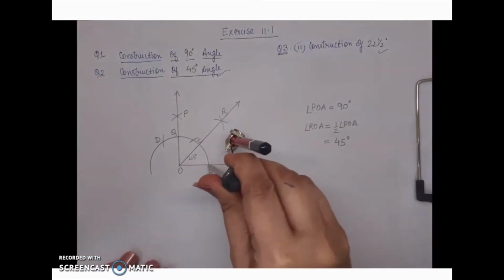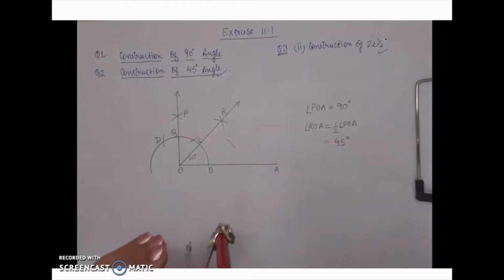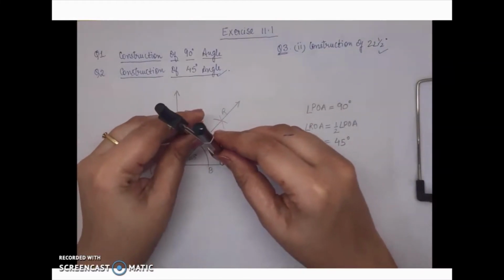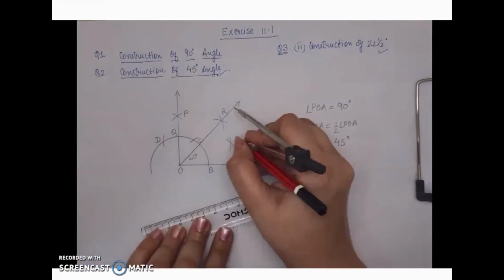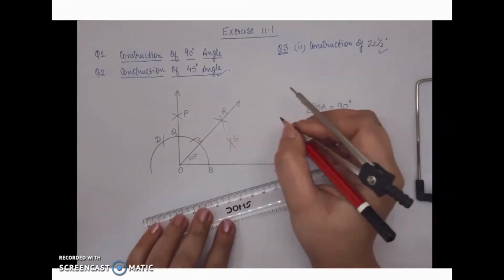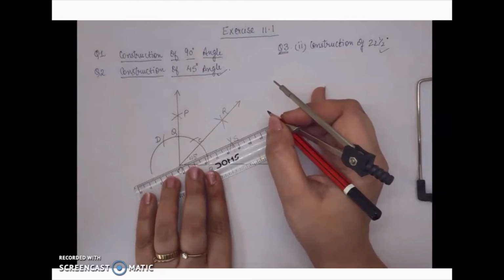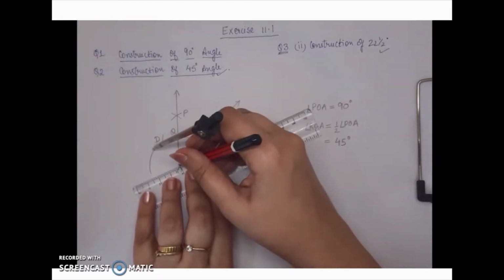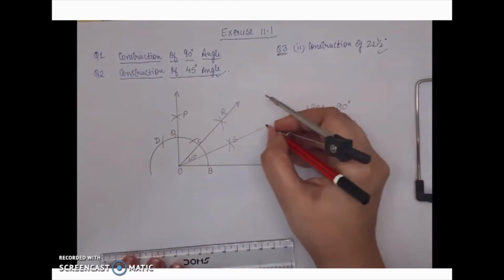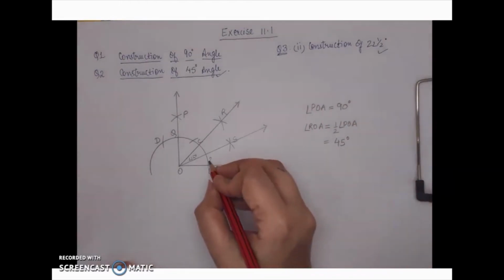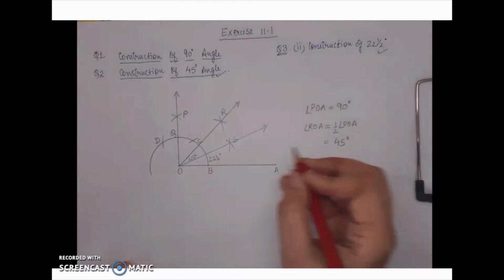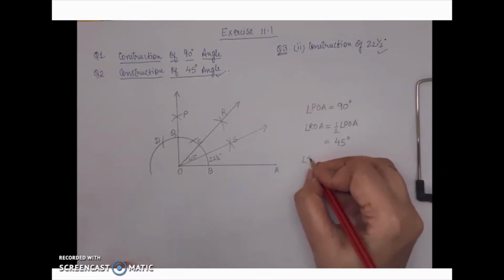So again the same process will be followed for drawing the angle bisector of this 45 degree angle. So angle SOA, that will be 22.5 degree.